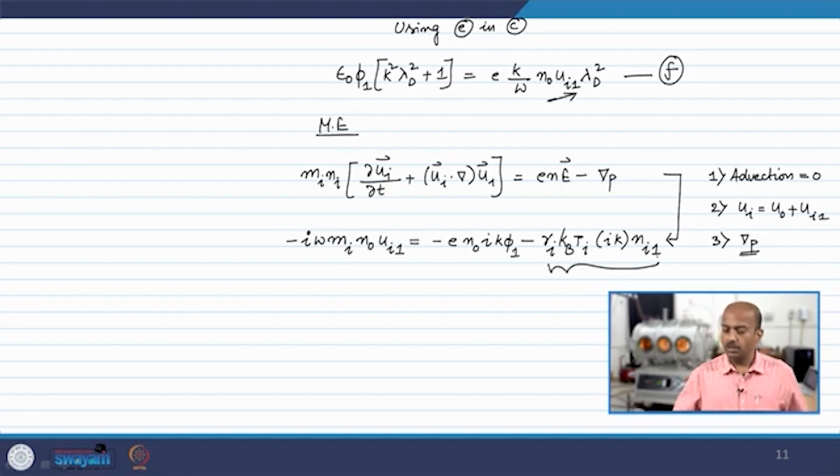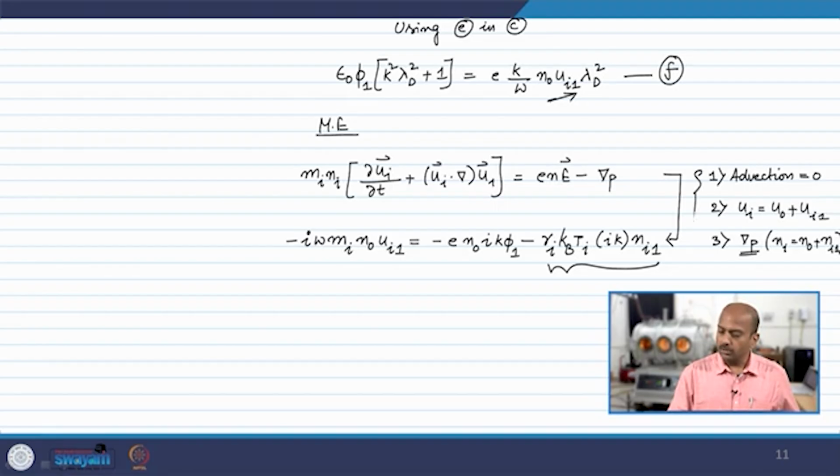This entire term that appears here is del p, gamma n k b T i. And within del p, you have to use the perturbation as n i is equal to n naught plus n i1.